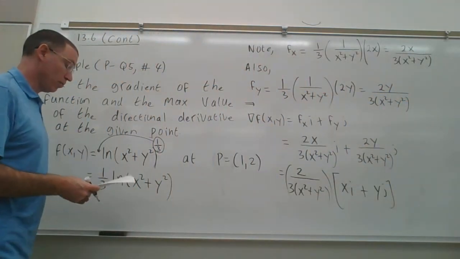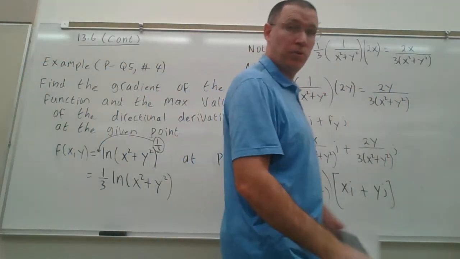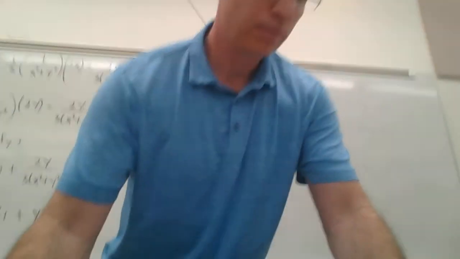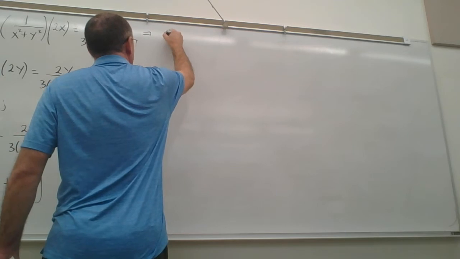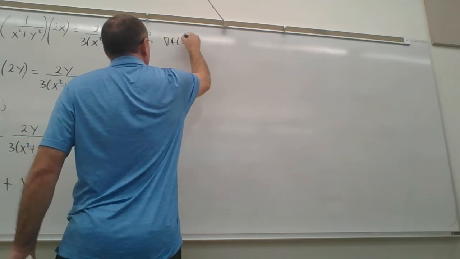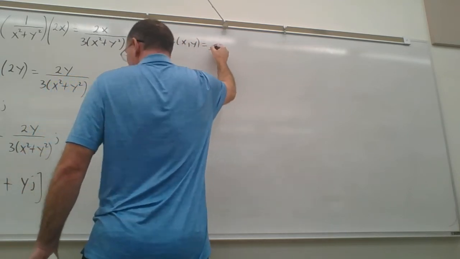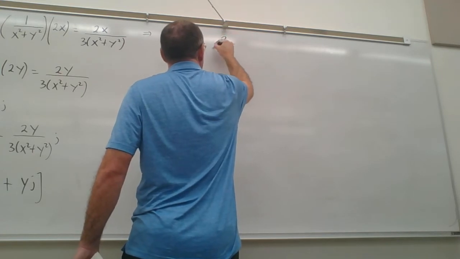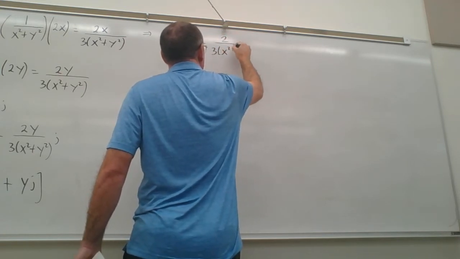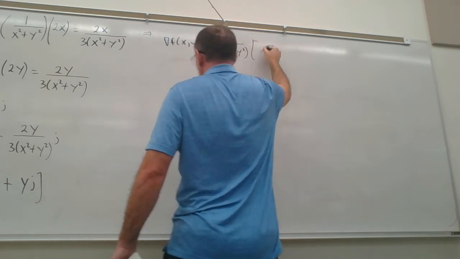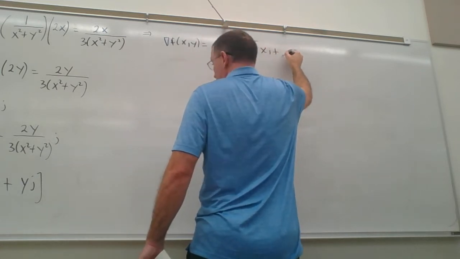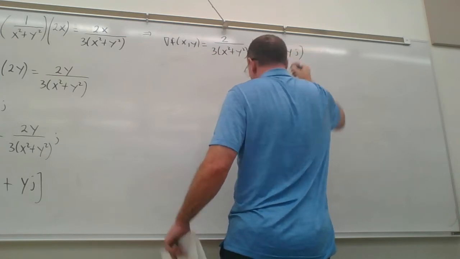Okay, so now we need to evaluate. So let me use this now. So we write the gradient up here again. So the gradient is 2 over 3(x squared plus y squared) times (xi plus yj).